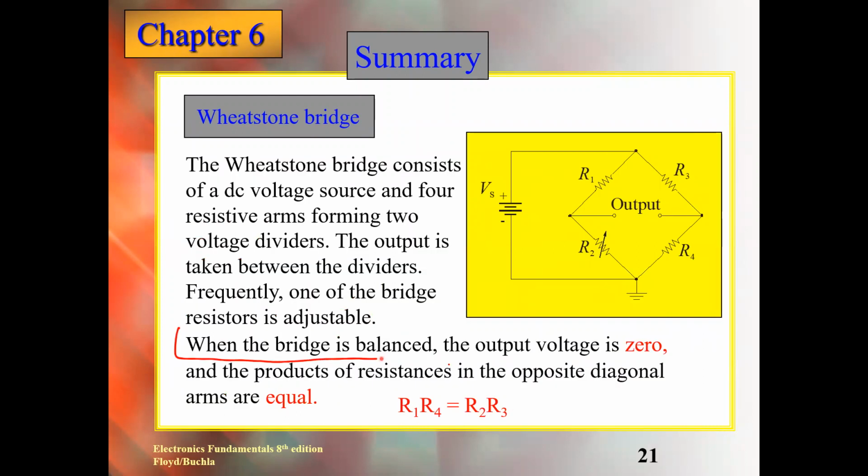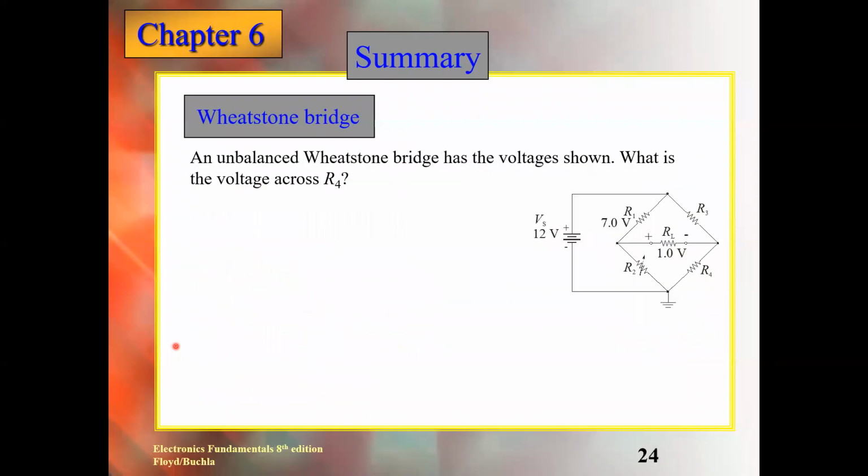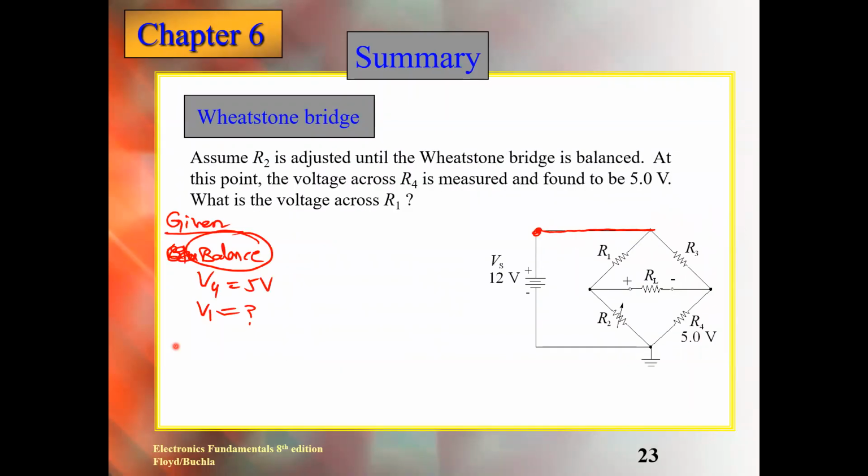When the bridge is balanced, the output voltage is 0. And where is the output voltage? Across this resistance. So here we have 0 volts. Here we have 5 volts. This is something unknown across this resistance.